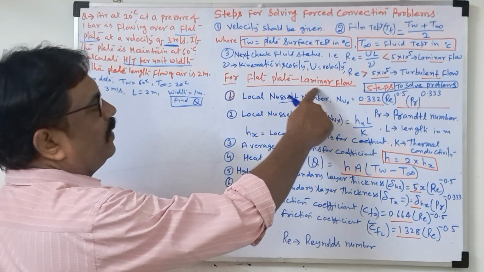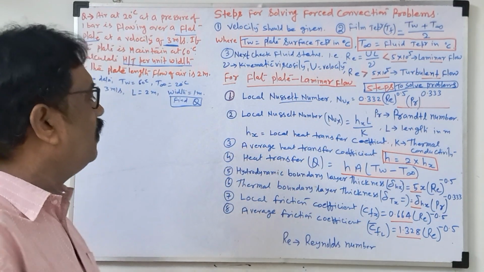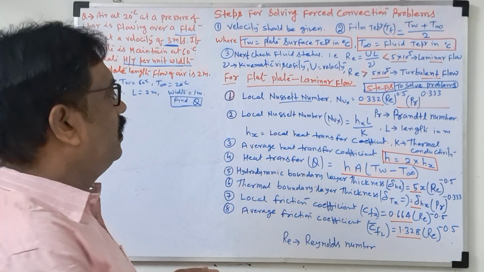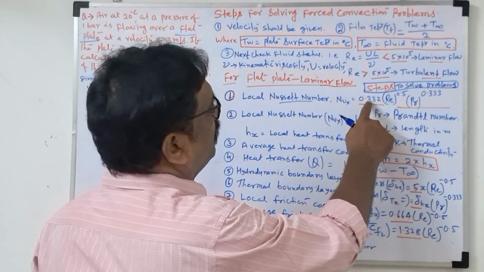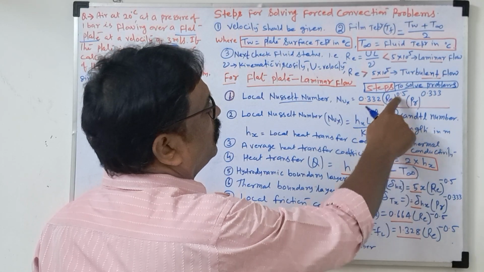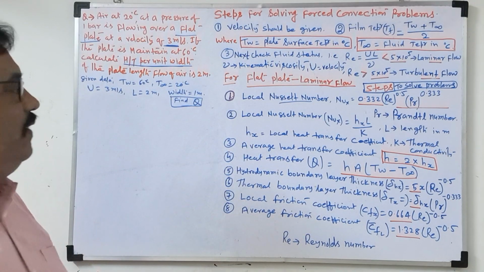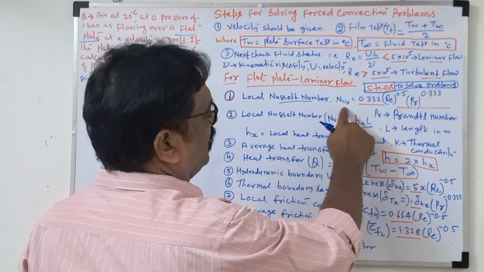So for flat plate laminar flow, what are the stages? First we take the local Nusselt number formula from the data book: Nu_x equals 0.332 Reynolds number power 0.5, Prandtl number power 0.333. So we get the local Nusselt number.